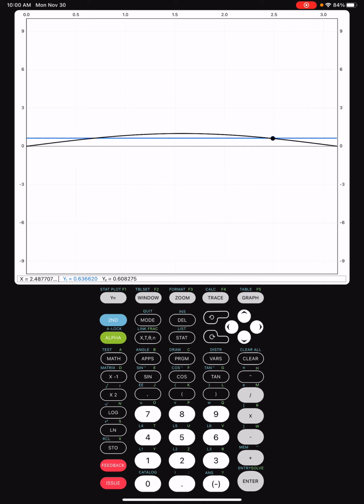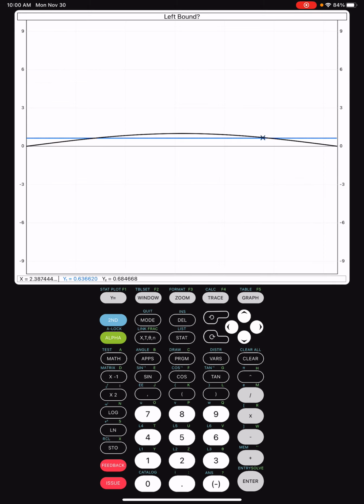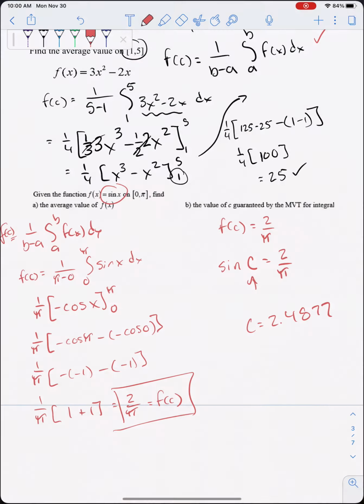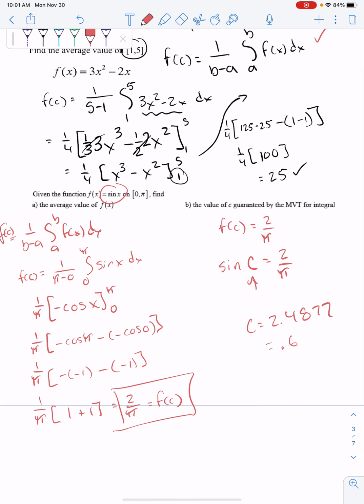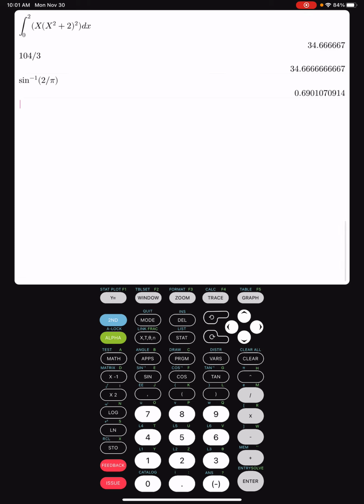My other intersection, second calculate intersection, I've got to come all the way over here, and I'm going to hit enter, enter, enter, and that's my 0.6944, which is what my calculator gave me back here, my 0.69.